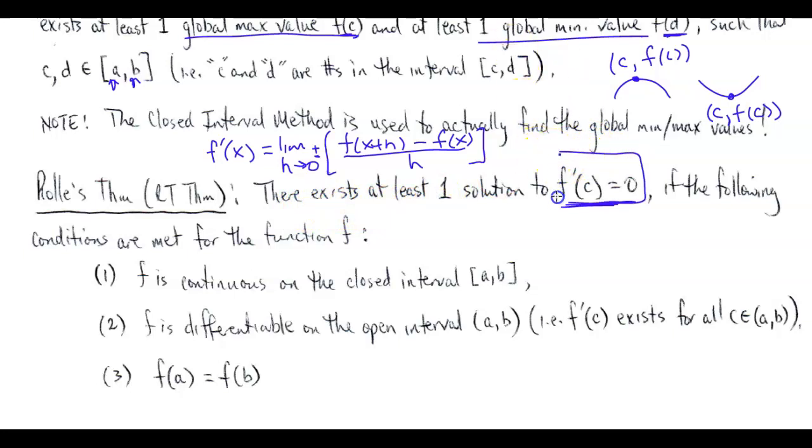This just means that we're guaranteed to have at least one point whose corresponding tangent line is going to have a slope of 0 if we know that condition 1, the function is continuous over a closed interval from a to b; the function is differentiable on the open interval from a to b; and f of a is equal to f of b. Those are the three things that we need to test. Once we test those three and see that our function under the given closed interval meets those conditions, then we can apply Rolle's theorem.